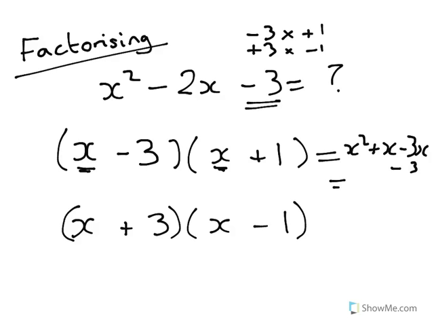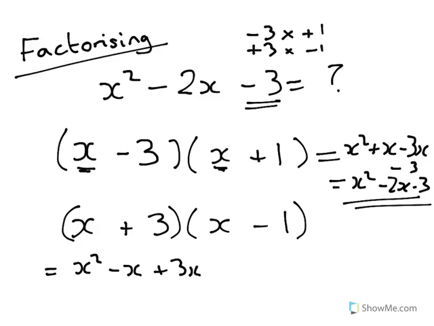Simplify that all the way through, I would get x squared minus 2x minus 3, which is the answer that I want. Whereas when I expanded this bracket, I would get x squared minus x plus 3x minus 3, which would give me x squared plus 2x minus 3.